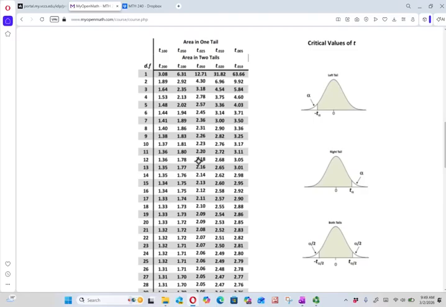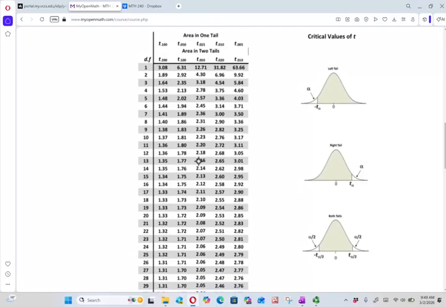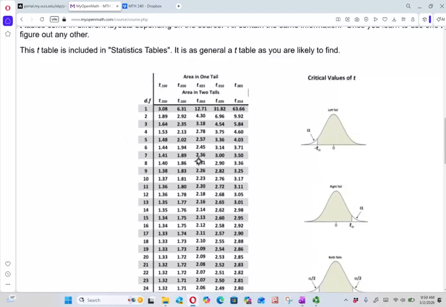You can see how many standard errors up and down you would have to go for a given sample size. So here is a sample size of 2. And you would have to go up and down 12.71 standard errors to get a 95% bet. Sample size of 2 is ridiculous. Look as you go down the table in the degrees of freedom.